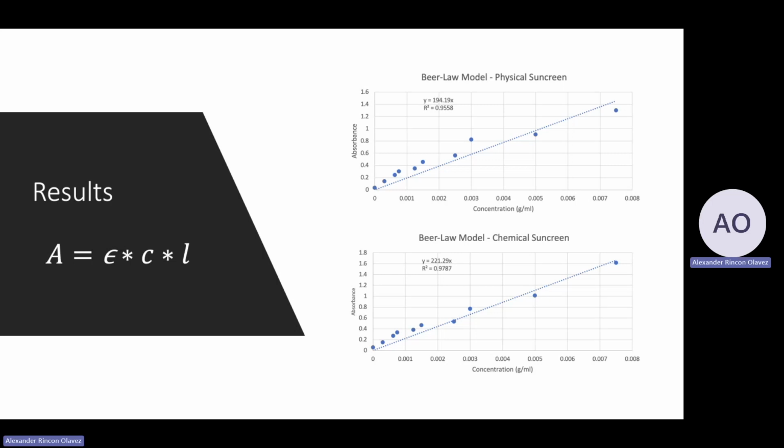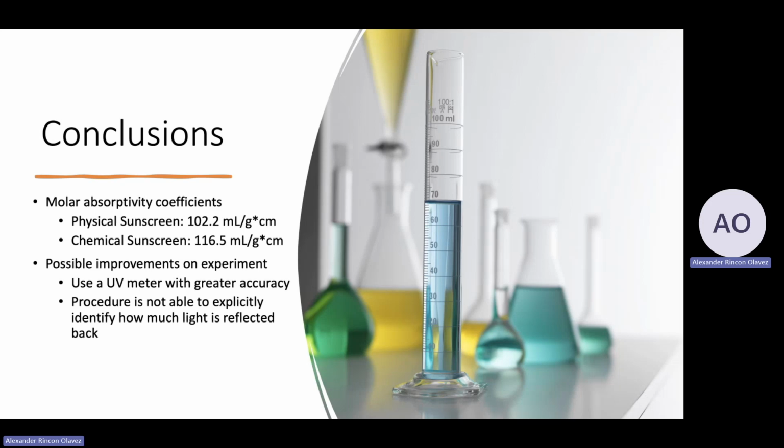Assuming that the path length for each cuvette is constant, since we used the same volume, we are able to find the molar absorptivity coefficient for each sunscreen. And knowing that the slope of the chemical sunscreen model is steeper than the physical sunscreen, we can already tell that it has a higher molar absorptivity coefficient.